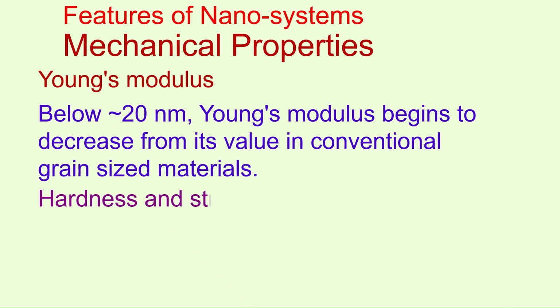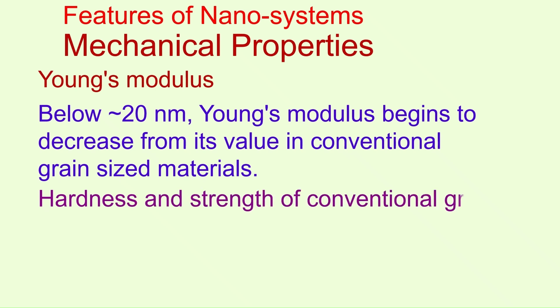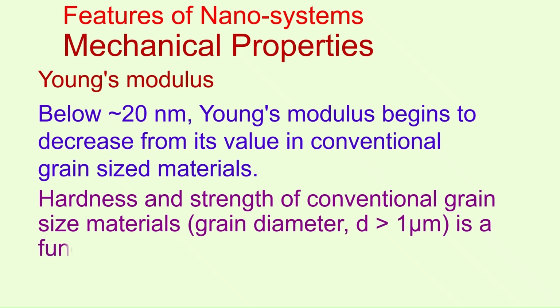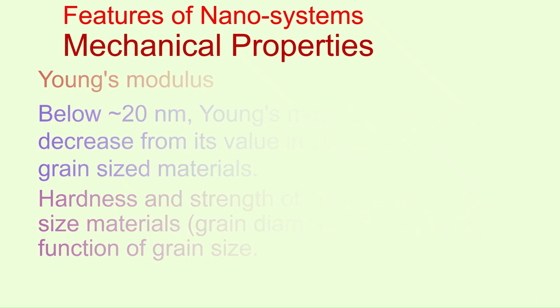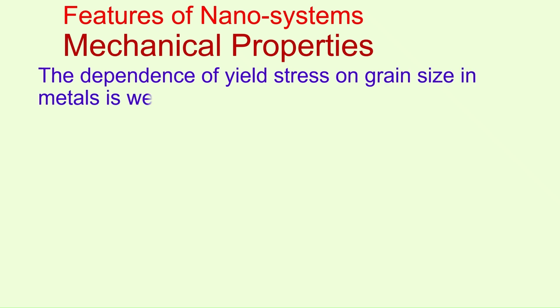In conventional grain-sized materials, hardness and strength, with grain diameter d greater than 1 micrometer, is a function of grain size. The dependence of yield stress on grain size in metals is well established.